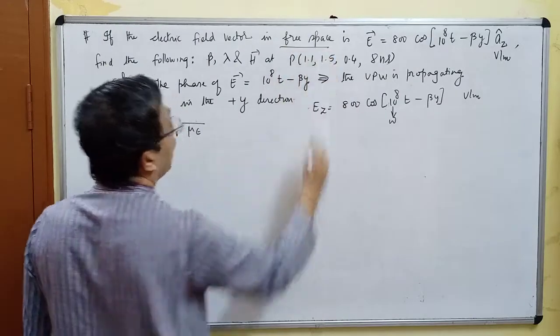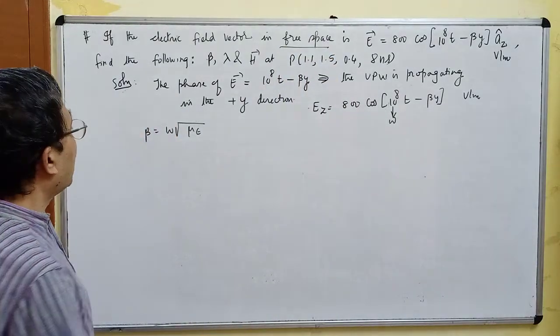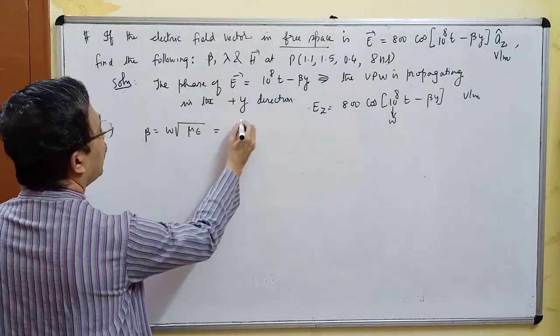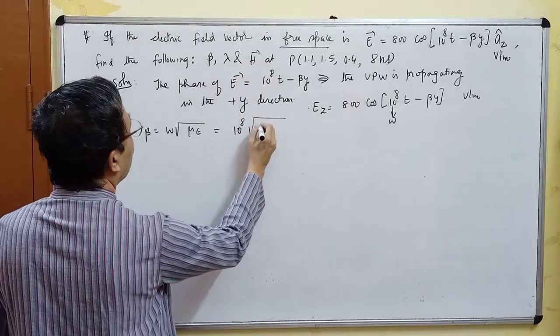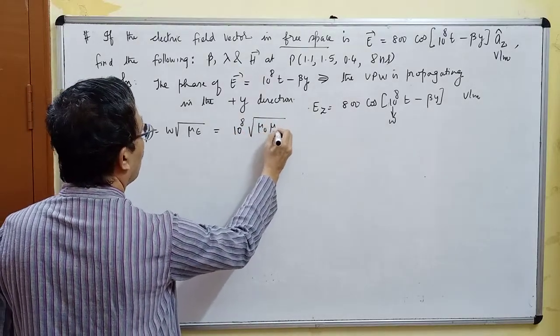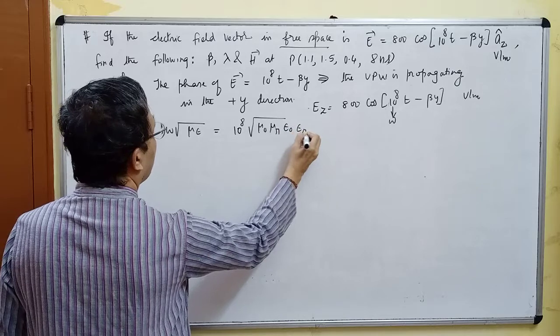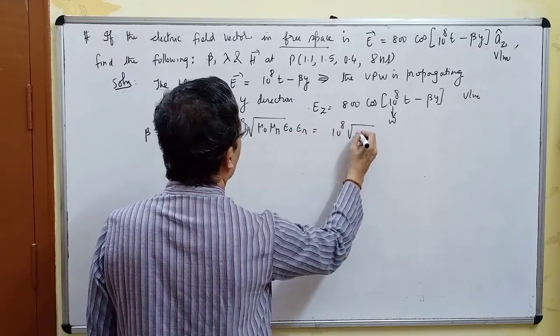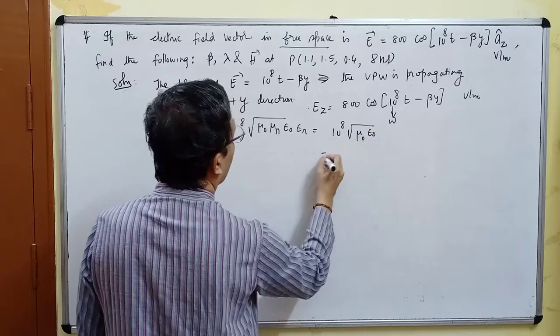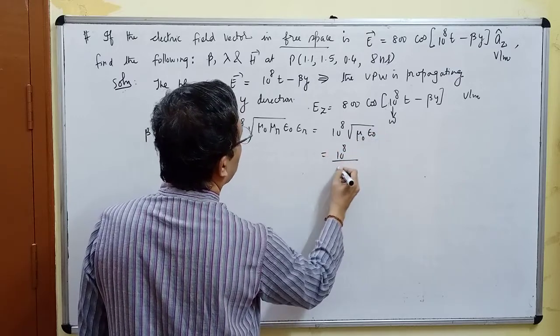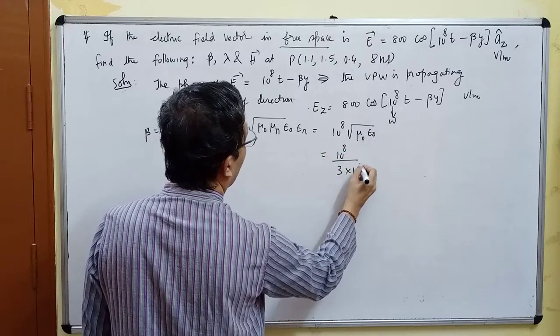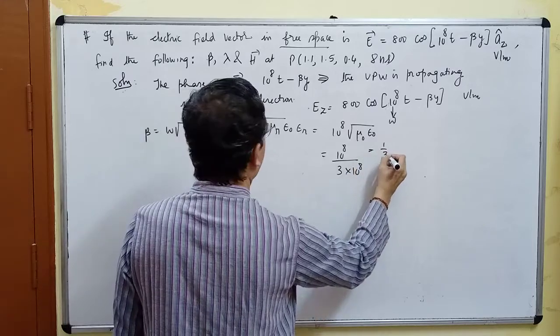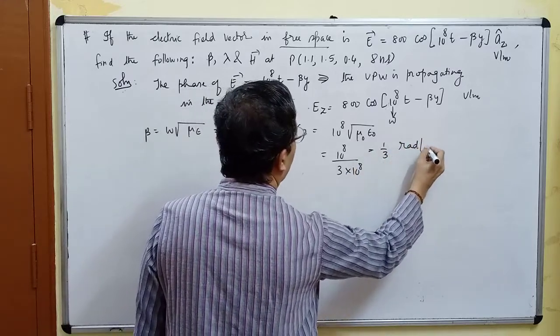For free space, mu r is 1, epsilon r is 1. So omega is 10 to the power 8 into root of mu naught into mu r into epsilon naught into epsilon r, which is 10 to the power 8 into root of mu naught into epsilon naught. Root of mu naught into epsilon naught is 1 over velocity of light. So you get 1 by 3 radians per meter.